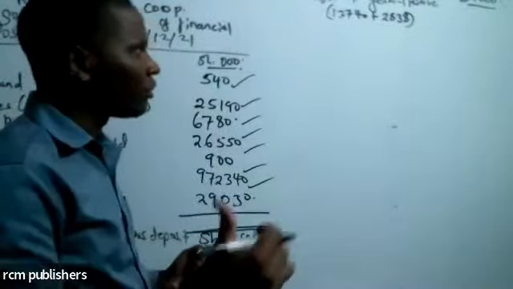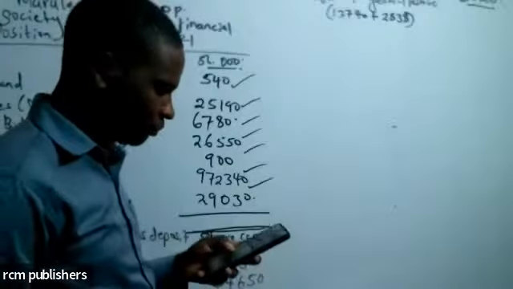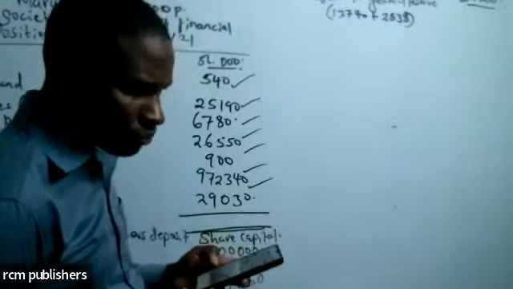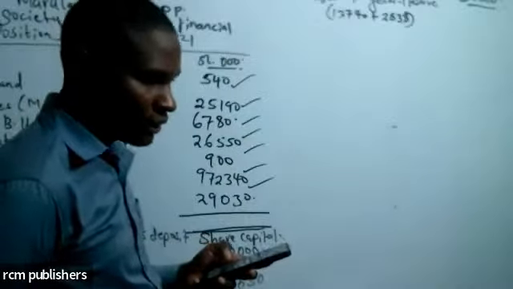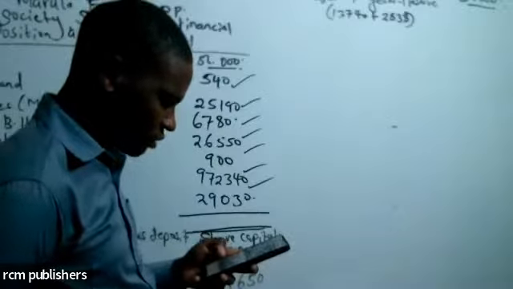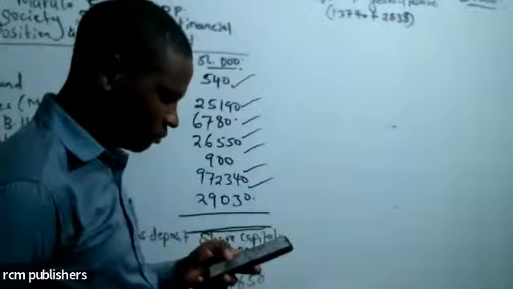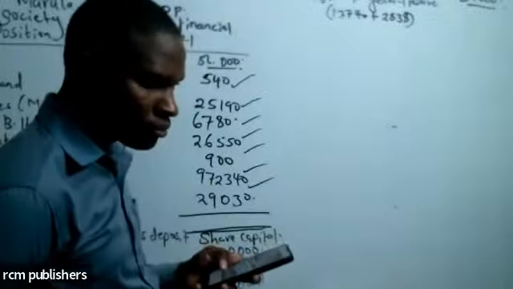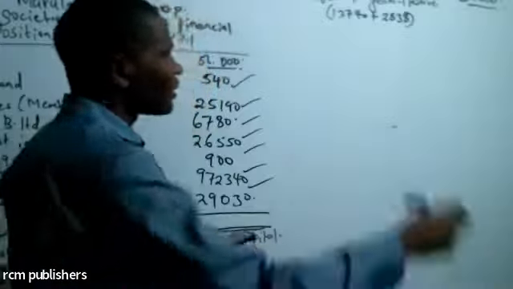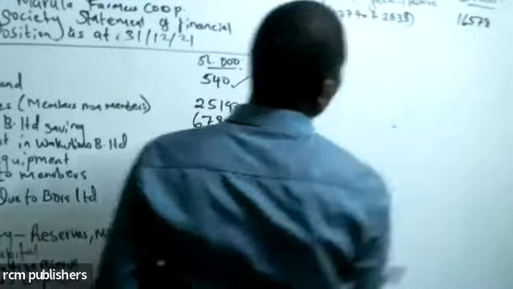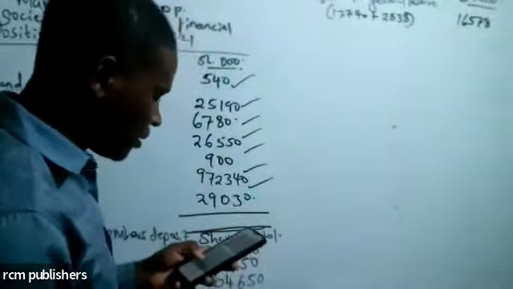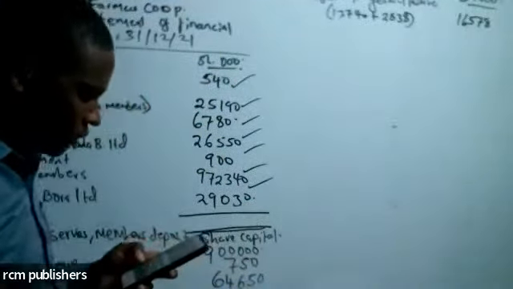And the time is okay. Yes. So much. As we move to the next, 16,578. Then we had the appropriation account.